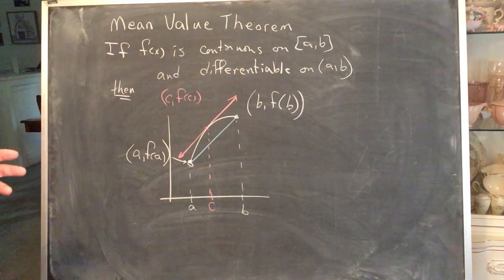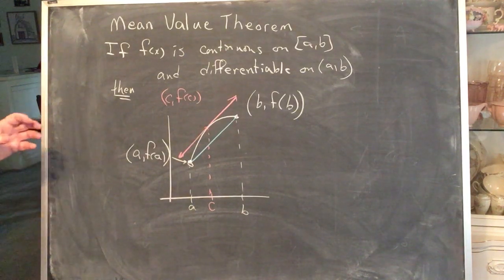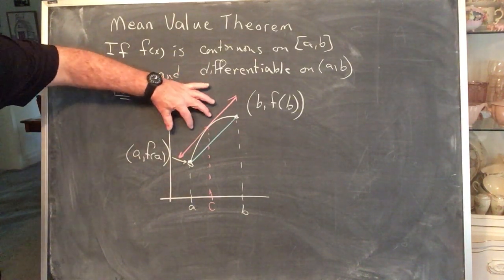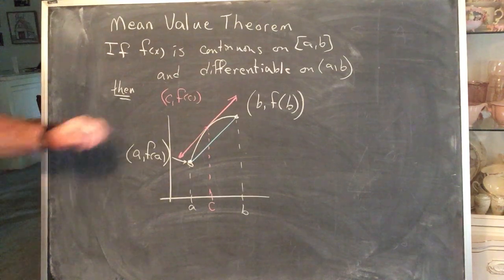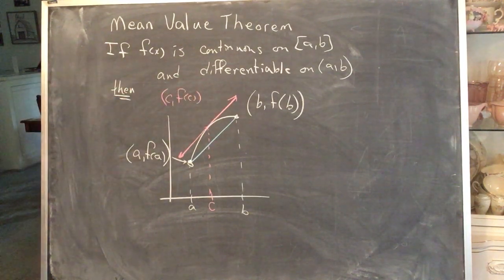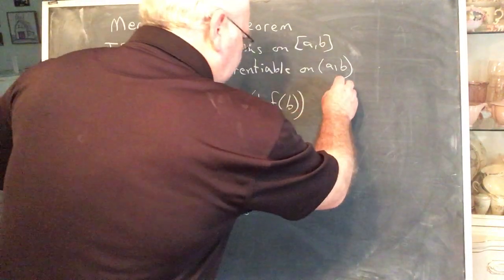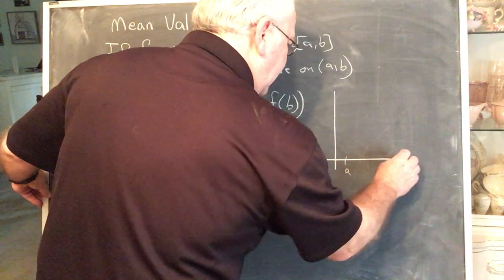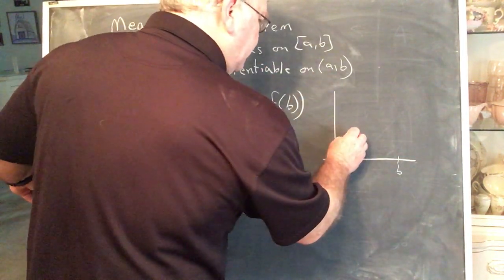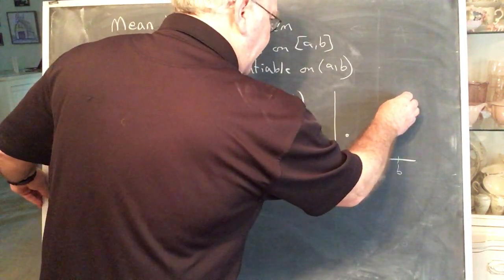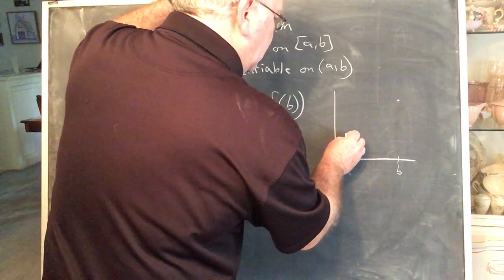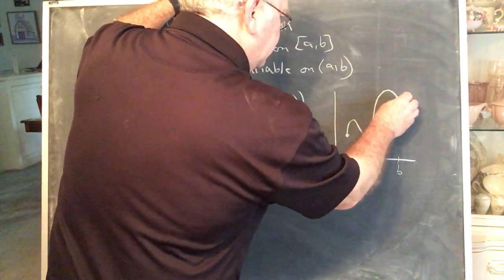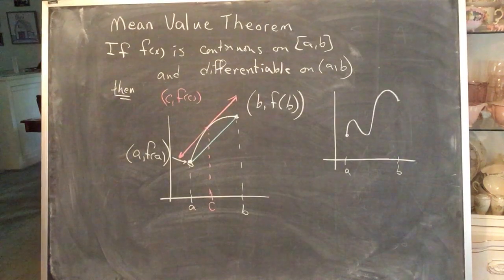Now, when we say there must exist a point, remember what we mean is there exists at least one. There may be multiple points. There may be more than one point where the tangent is parallel to the secant. A picture like this, suppose this is A, this is B. F of A, f of B. Suppose the curve is that.